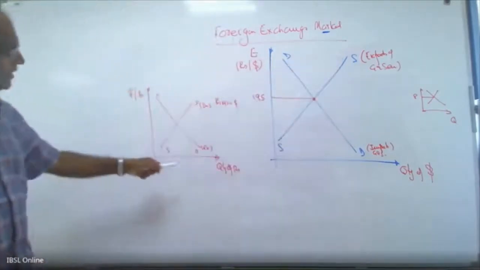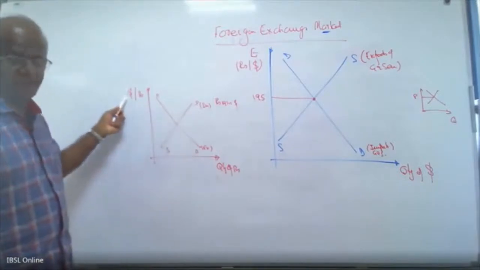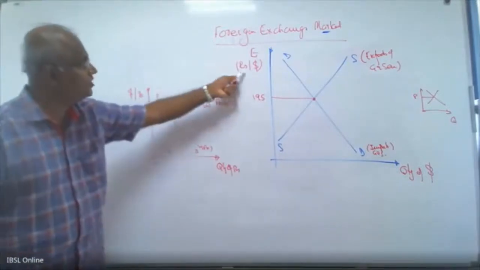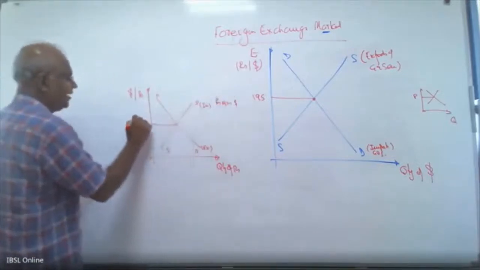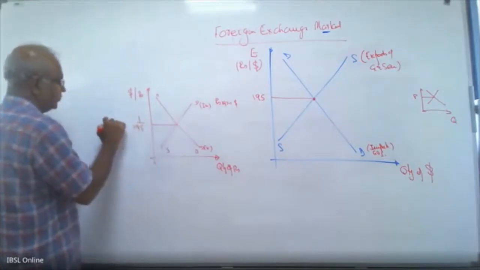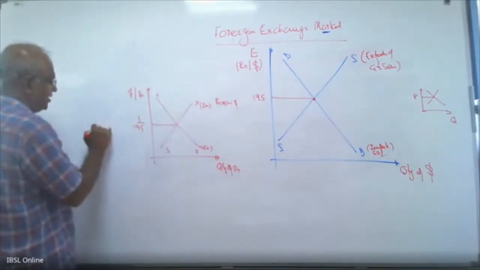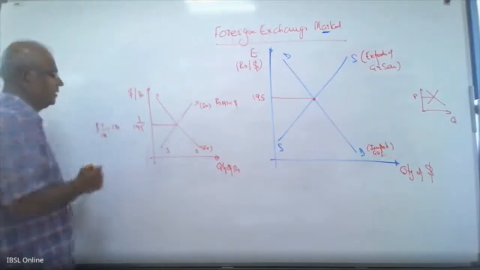If you classify the axes as quantity of rupees and dollars per rupee, then the rate is 1 over 195, that is, 1 over 195 dollars equals 1 rupee.